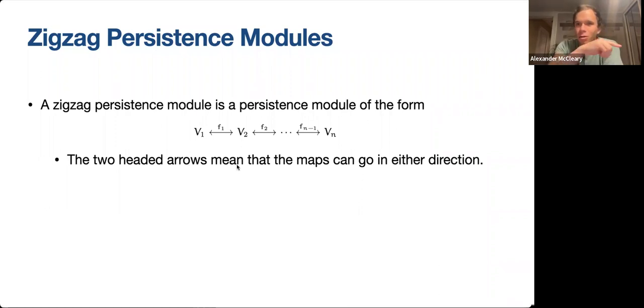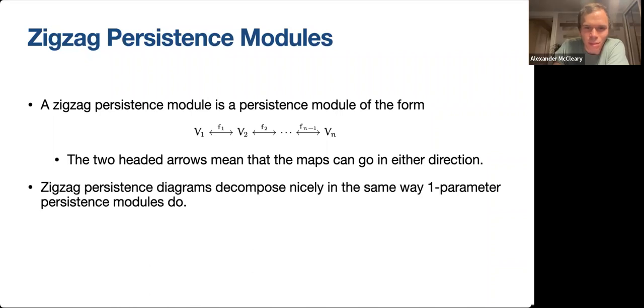And so all of these maps could be going in the same direction, which would just be one parameter persistence, or they could be alternating, which is usually the way people think of zigzag persistence, and why it's called zigzag persistence: you think about it as a zigzag going up and down like that.